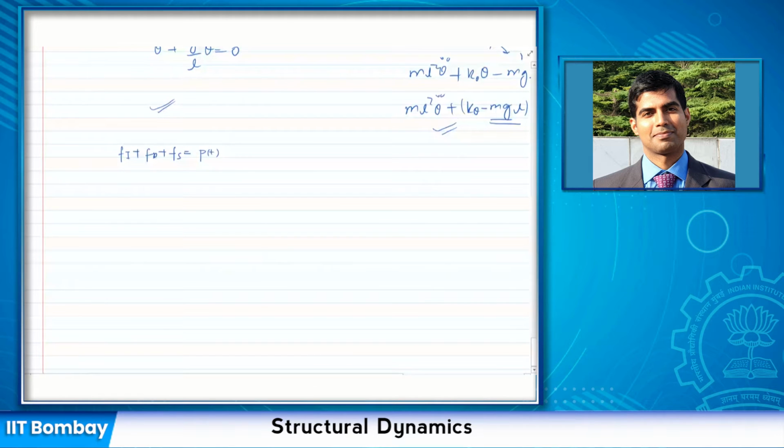Now, for a linear system, where my structure is linear as well as the damping that I'm considering is linear viscous, I could write this simply as m u double dot plus c u dot plus k u is equal to the applied load. It is up to you whatever formulation you are comfortable with, both represent the same thing. So the displacement is measured either from this point or this point.